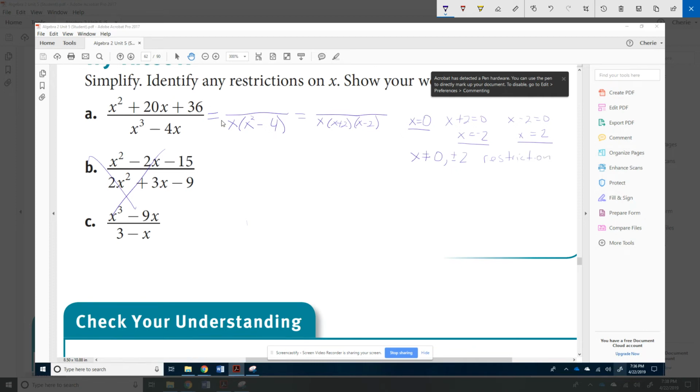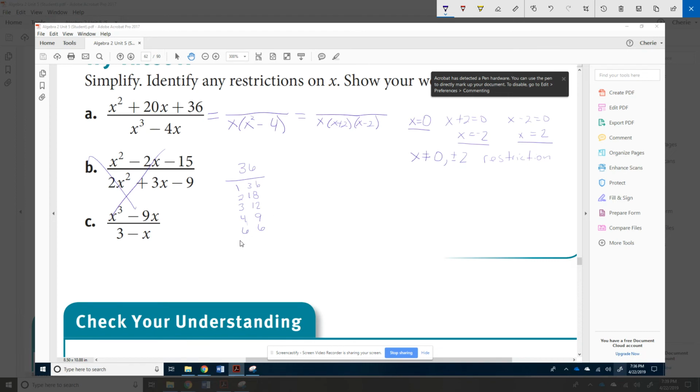Now all you got to do is go back and factor the top. Now the top, this is one of those easy things to factor. You need factors of 36. The factors of 36 that will give you a positive 36 are 1 and 36, 2 and 18, 3 times 12, 4 times 9, 6 times 6, and then it turns around and goes back.